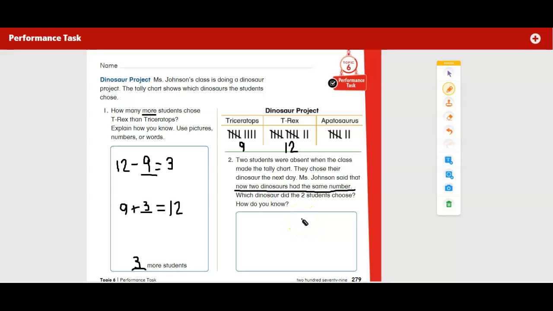We know from our first problem that there were 9 Triceratops, 12 T-Rex, and now we can count that there are 5, 6, 7 Apatosaurus. If we are adding 2 votes to one singular dinosaur, look at which number we could add to, and it would be the same number as another dinosaur.